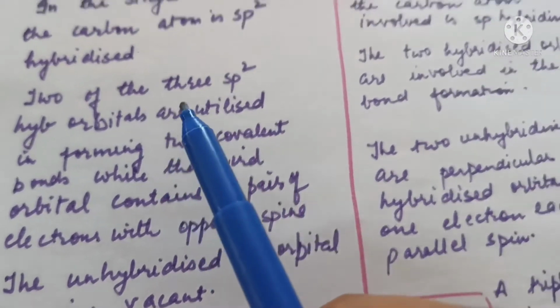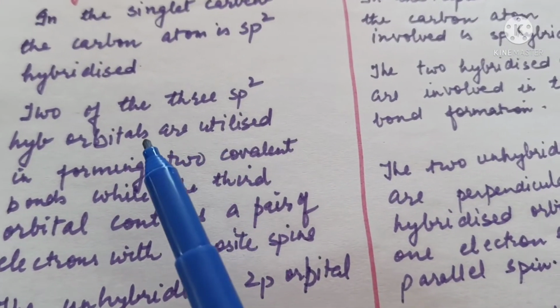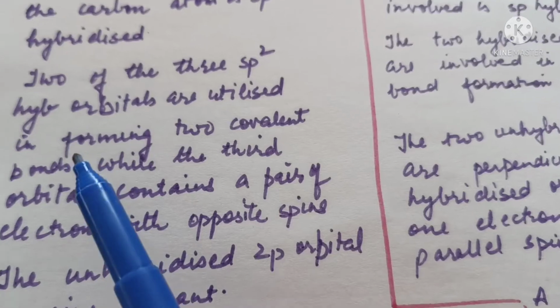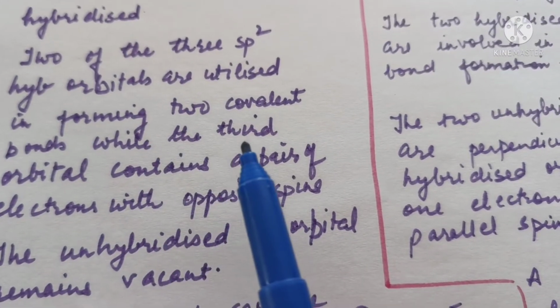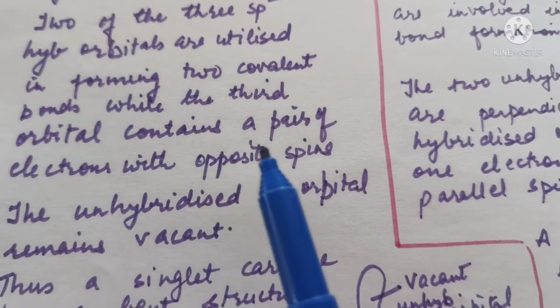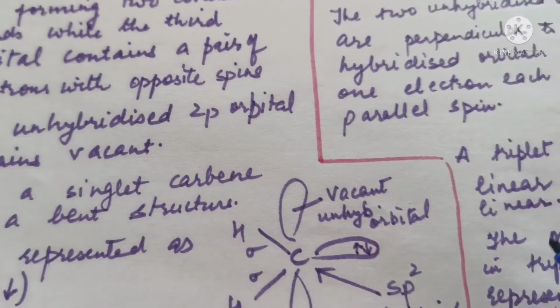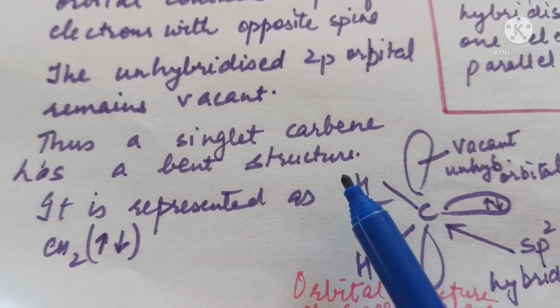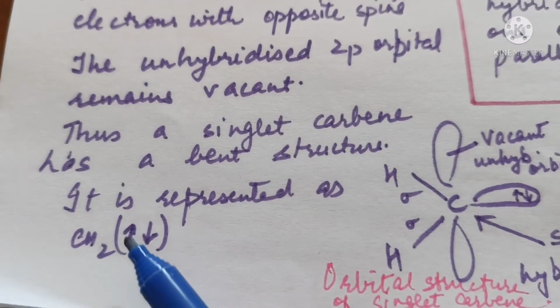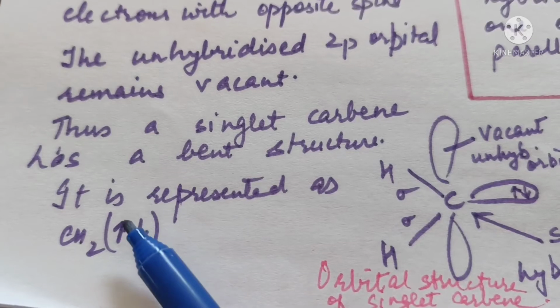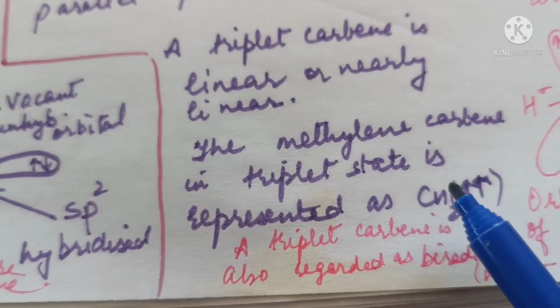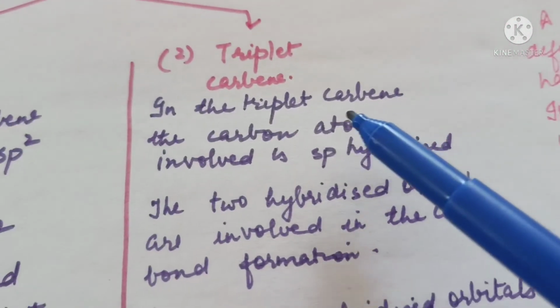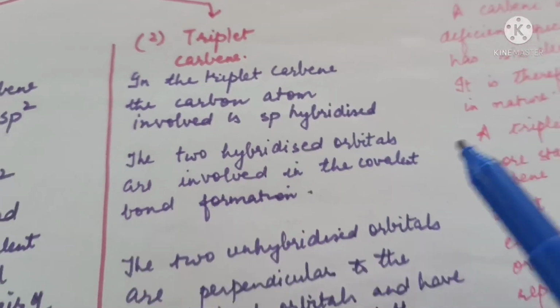In singlet carbene, two of the three sp2 hybrid orbitals are utilized in forming two covalent bonds, and the third contains a pair of electrons with opposite spin. So the shape is a bent structure, and it is represented as CH2 with electrons shown with opposite spins, whereas a triplet is represented with CH2 with electrons showing parallel spins, and the carbon atom is sp hybridized.